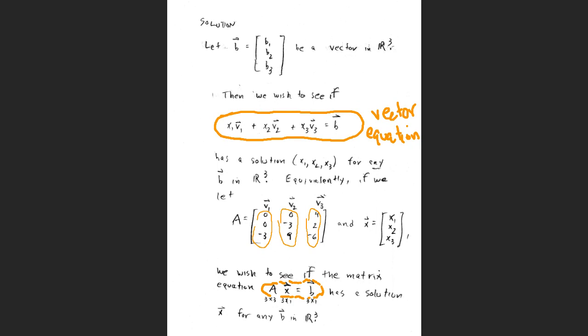Sometimes you can express it as a vector equation. Sometimes you can express it as a matrix equation. And depending on the situation, sometimes one form is more convenient than another form.